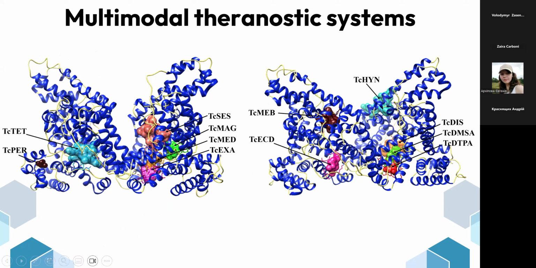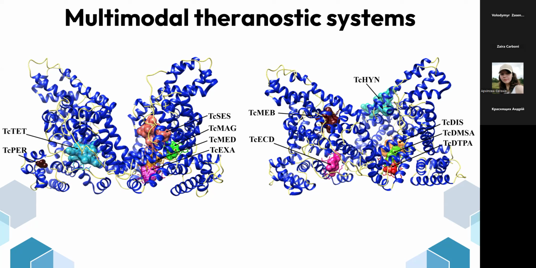The polypeptide chain of albumin contains, to be more strict, 585 amino acid residues with three homologous domains. Domain number one includes residues from the first up to 195. Domain number two, amino acid residues up to 383, and domain number three, the rest of the structure.